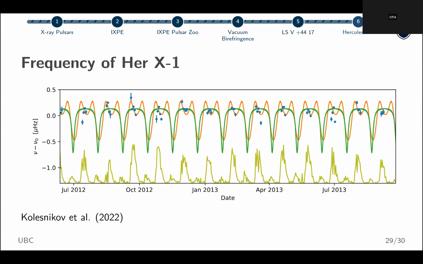This is just, given the models that I showed you earlier, this is triaxial, showing how the period that you would measure at an instant varies with time compared to some mean period. You can see the units are microhertz.